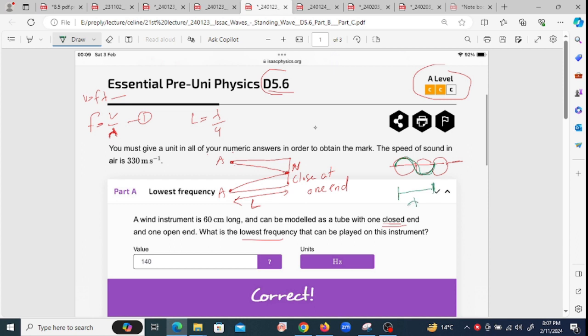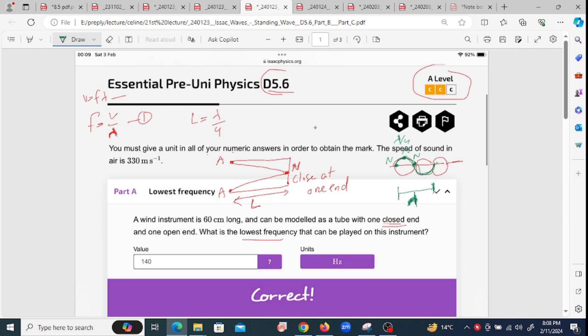So for a complete wave, we have the length of lambda. The consecutive distance between node and node is half of that. If this is an antinode and this point is a node, the consecutive distance between node and antinode is lambda over 4. So this is half and half.